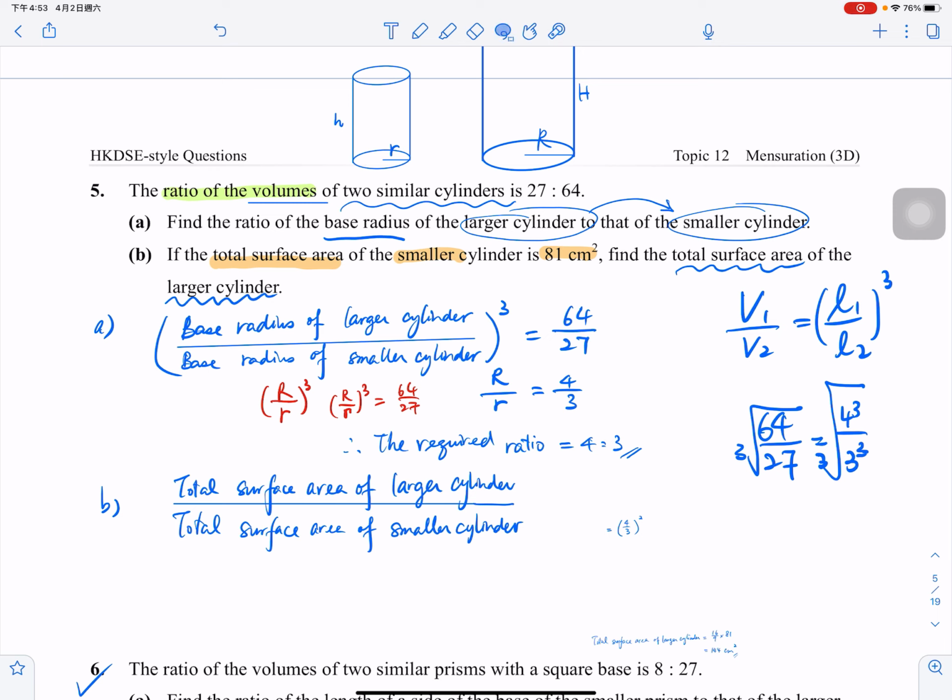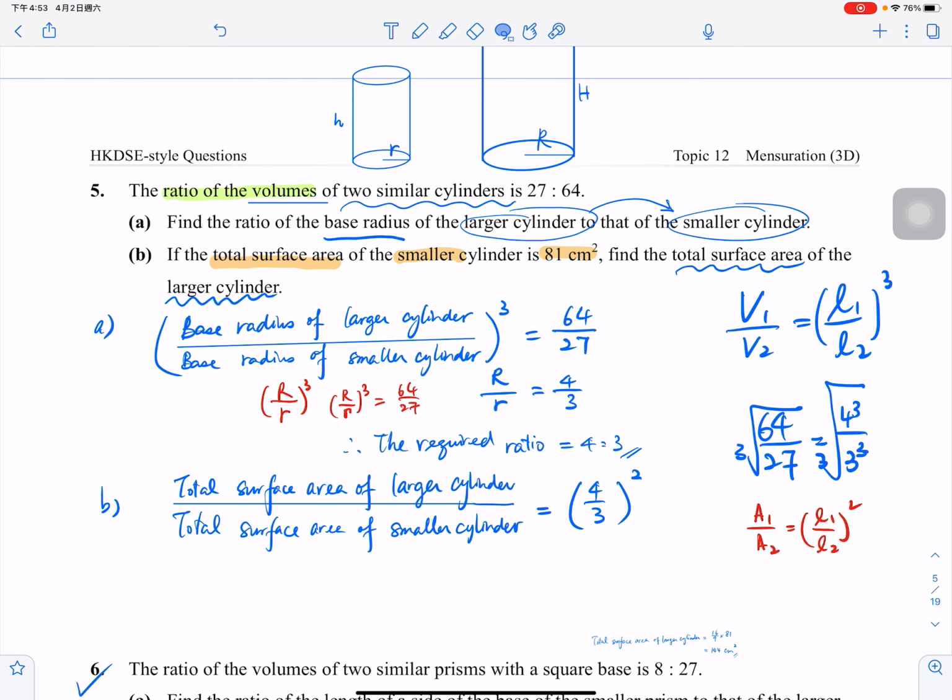So area A1, A2, with the L1, L2, and then take square. Do you remember? Good. That means now if we know that this one is 4 over 3, large is 4, small is 3, then take square. What will be the ratio of the total surface area?